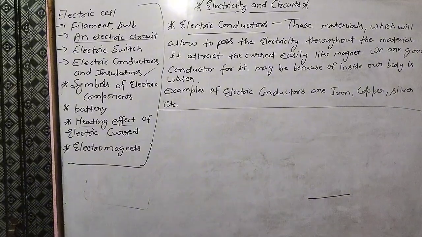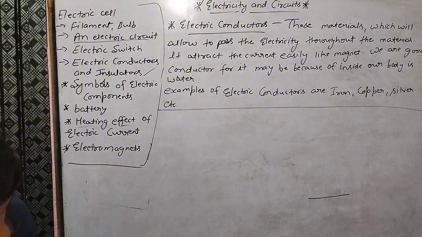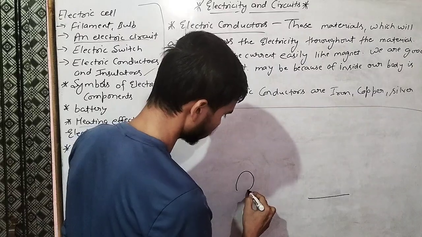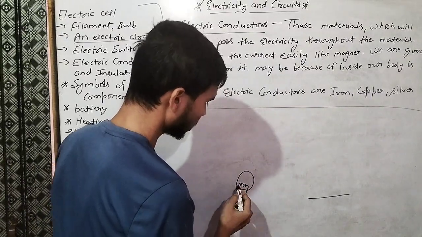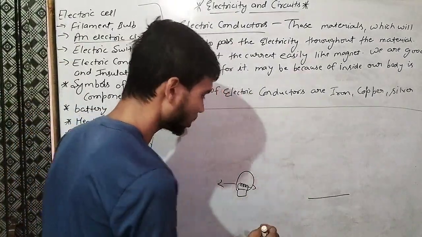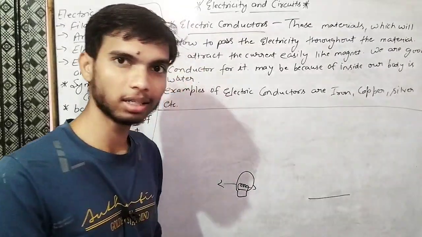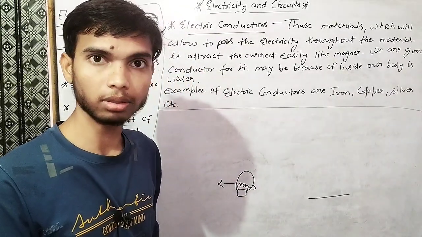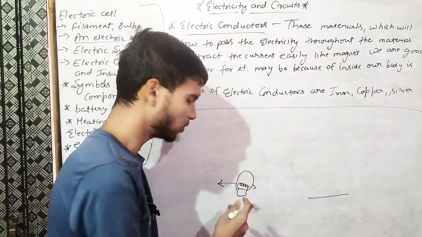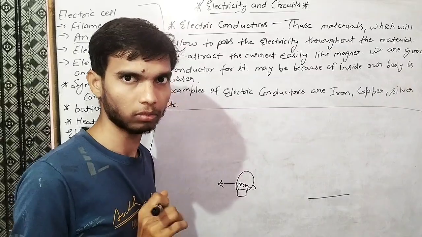Heating effect. This is a filament bulb. If we touch this electric bulb after it has been glowing for a few minutes, then we feel it is a hot bulb, a warm bulb.